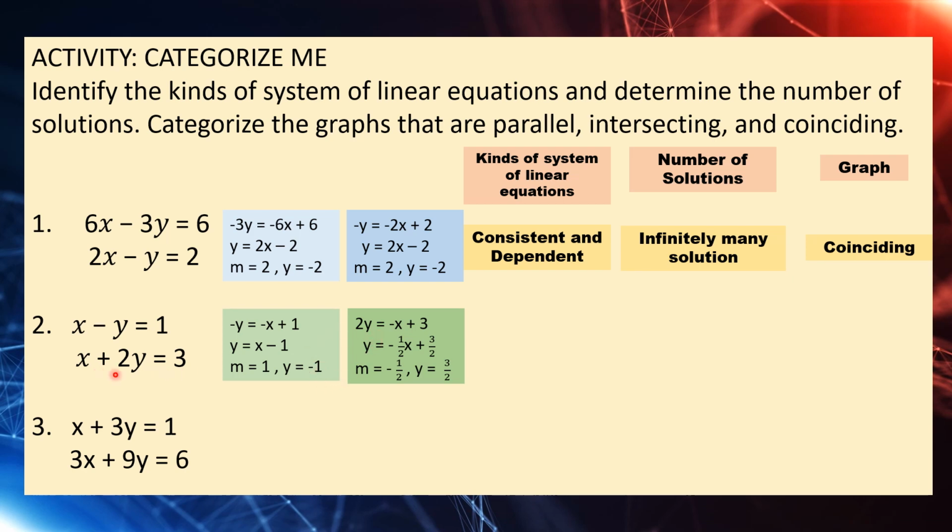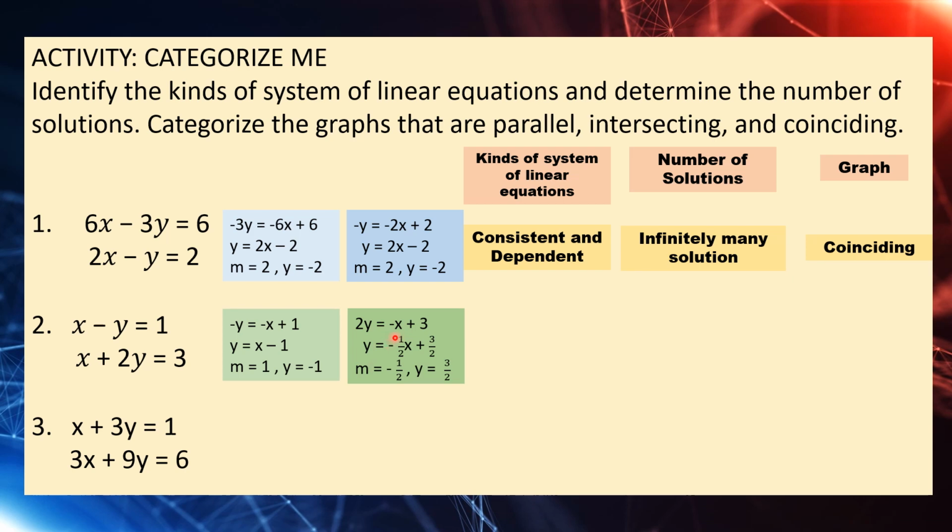For x plus 2y equals 3, again, let's transpose positive x to the right side of the equation. So it becomes 2y equals negative x plus 3. To get rid of 2, let's divide both sides by positive 2. So, 2y divided by 2 is equal to y.